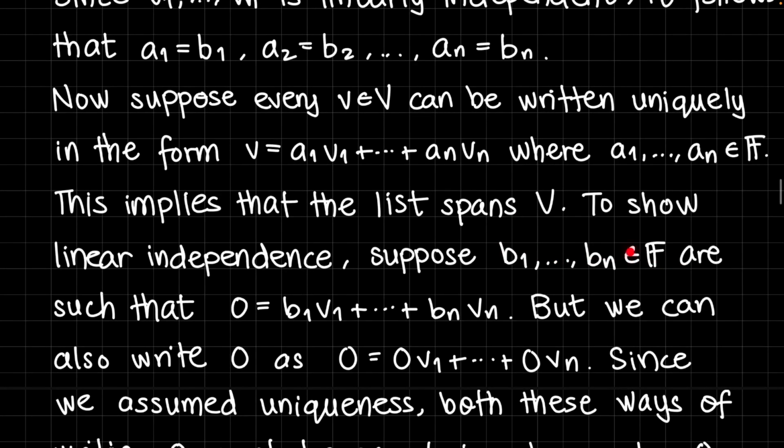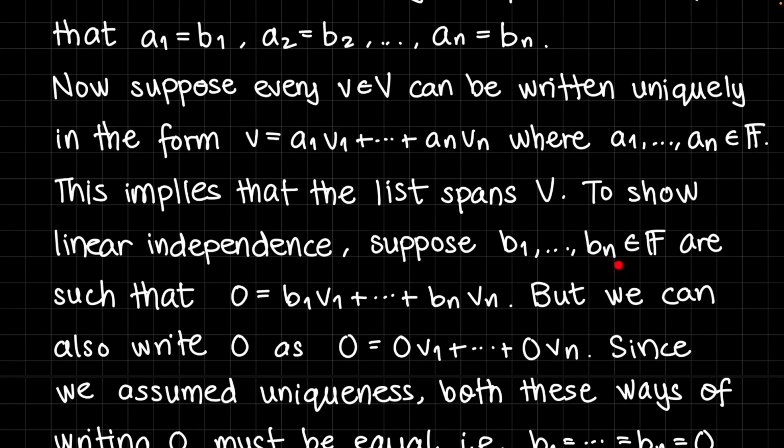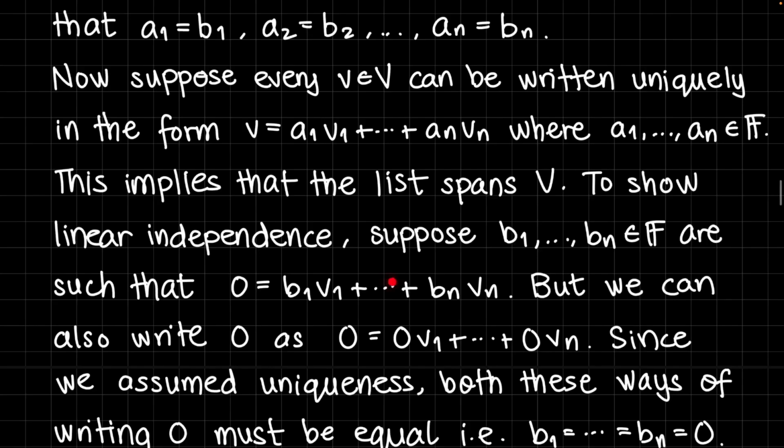Let's show linear independence. To show linear independence, suppose b1 through bn are scalars such that they are the scalars for the expansion of 0. So 0 equals b1 v1 plus dot dot dot bn vn. Why can we do that?